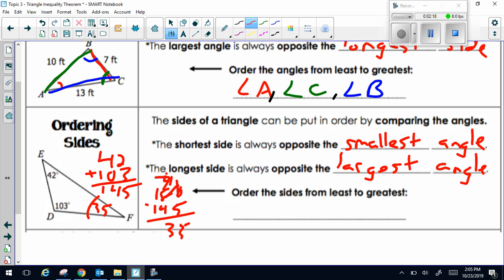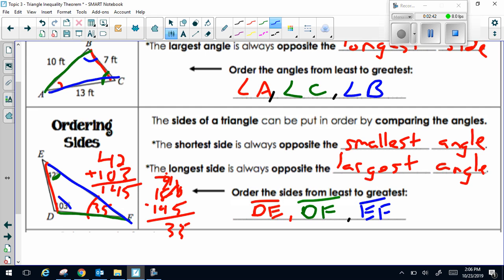So that means my shortest side would be side DE. Then my next smallest angle is angle E here, so that means DF is the next smallest side. And then the largest one again is opposite the largest angle, so that means side EF is the next.